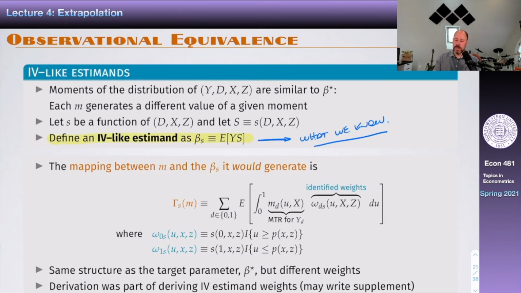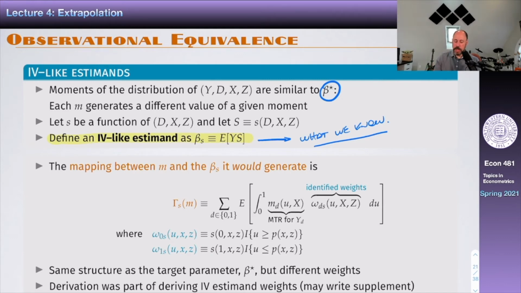What's true is that often the least squares or the IV will not tell you the value of beta star. But they will tell you something. And so in this paper, what we're going to ask is, what if we know these moments and we go from these moments to the parameters that we care about? That's the part that we're going to discuss here under observational equivalence.